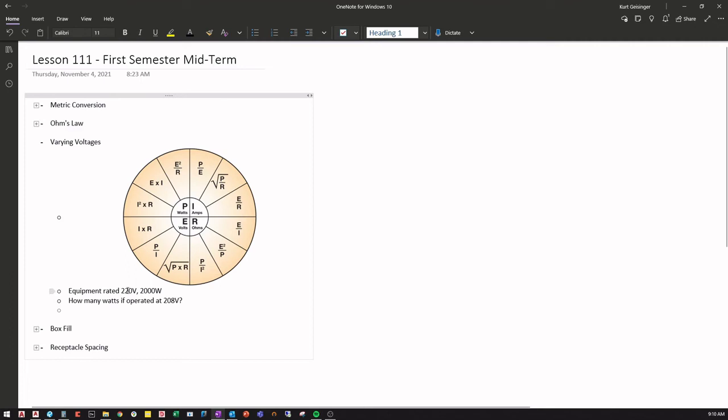So in this case, 220 squared is 48,400. So that's our E squared divided by P, which is, in this case, 2,000. Okay, so our resistance is 24.2 ohms, right?